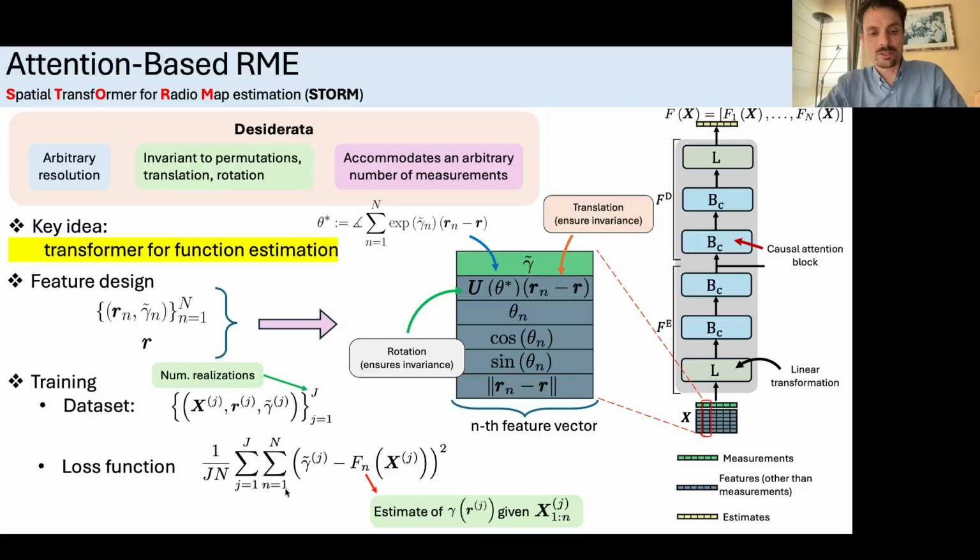In each of these terms, we are fitting each of these entries of the output vector to the target, right? So we are fitting all these outputs at the same time, and therefore learning to predict or estimate the map given any number of measurements.